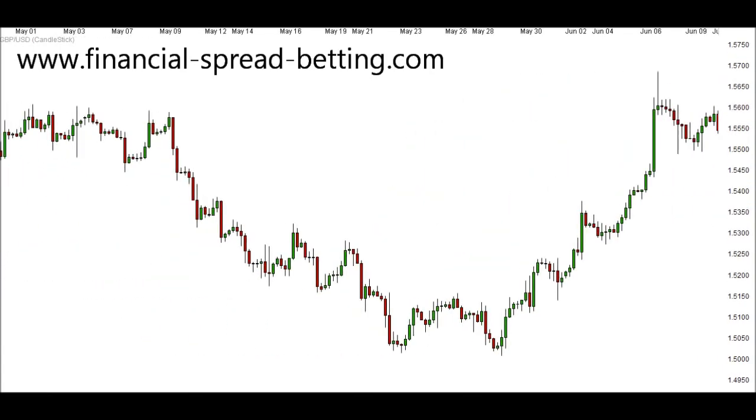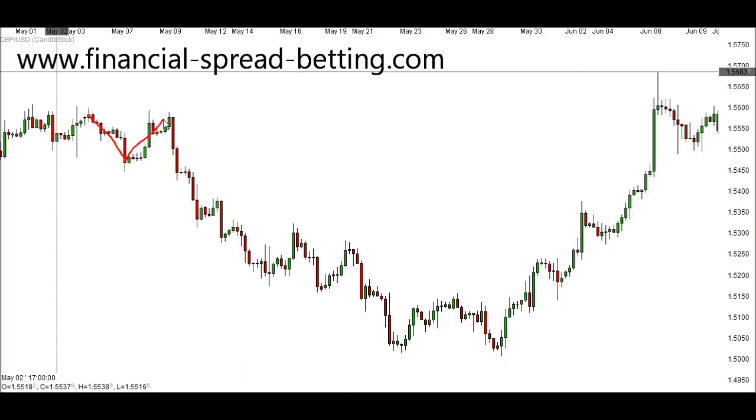It's a 4-hourly chart. If we start off in May, we have a downtrend, we have a push, a pullback, a push, a pullback, a push, a pullback, a push, a pullback, and another push before this thing changes direction.